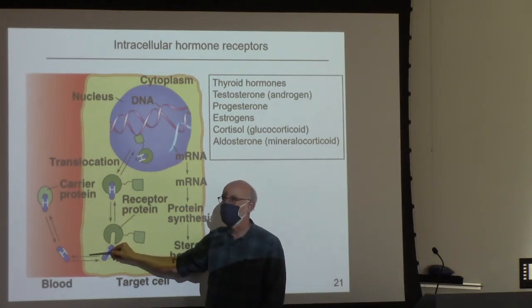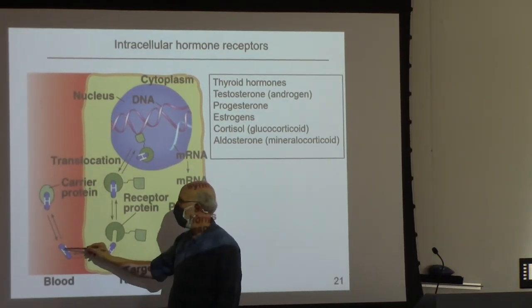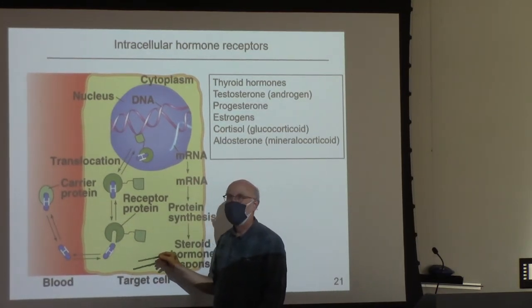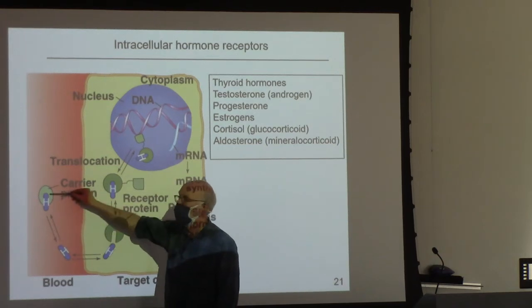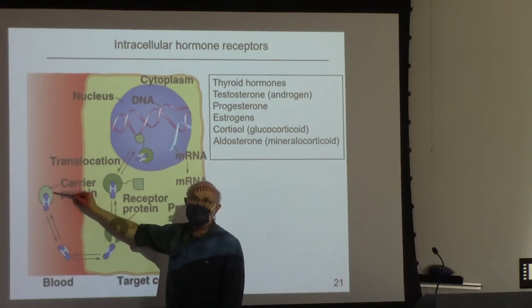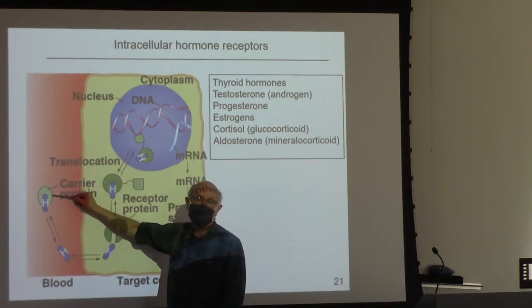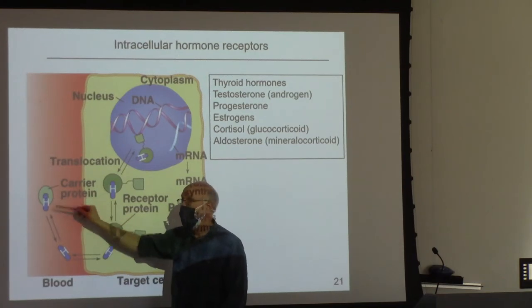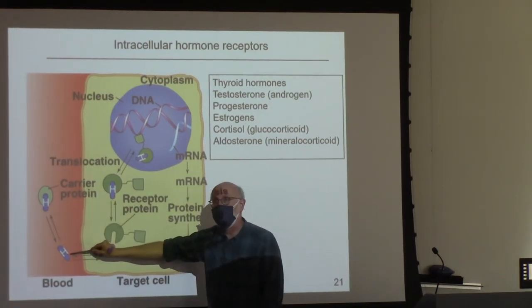Diffusion. Simple diffusion of the hormone into the cytoplasm. Now, many of the hormones are carried by proteins in the blood, but not all of them. Some of them are just in the blood. But in any case, there is hormone in the blood, diffusion of the hormone through the membrane.